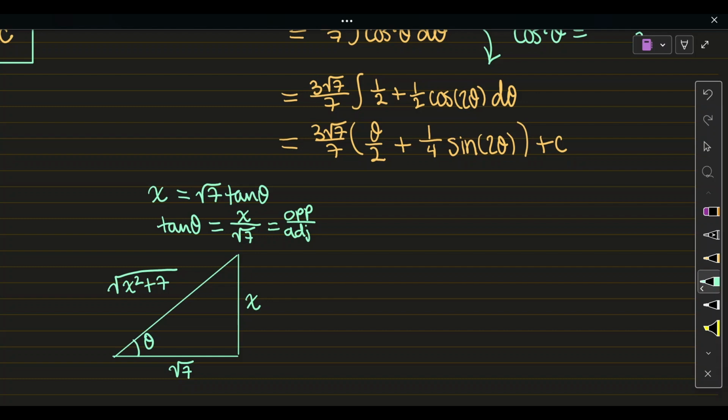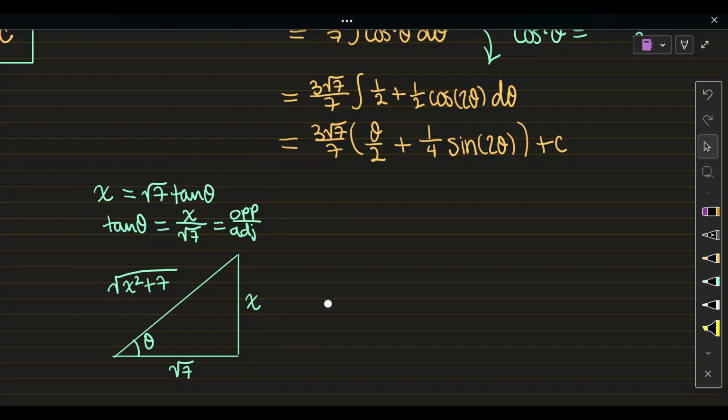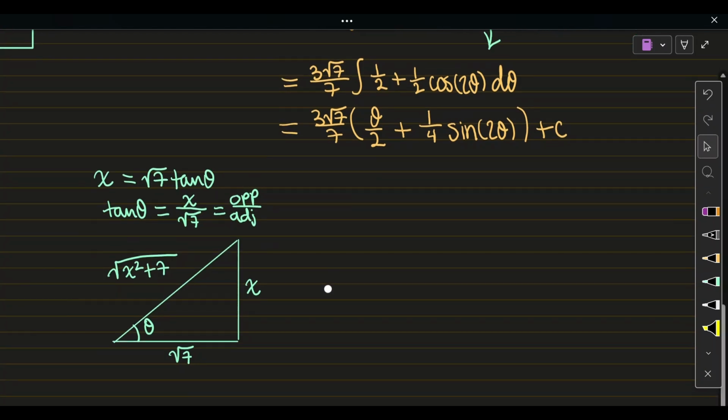Now, this doesn't help me quite yet, but we will get there. Another thing to notice is that if tan theta equals x over the square root of 7, then theta is equal to arctan of x over the square root of 7.